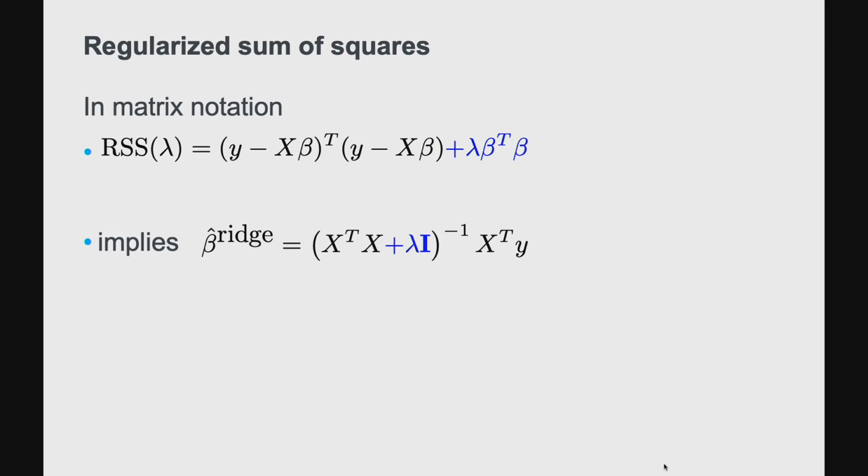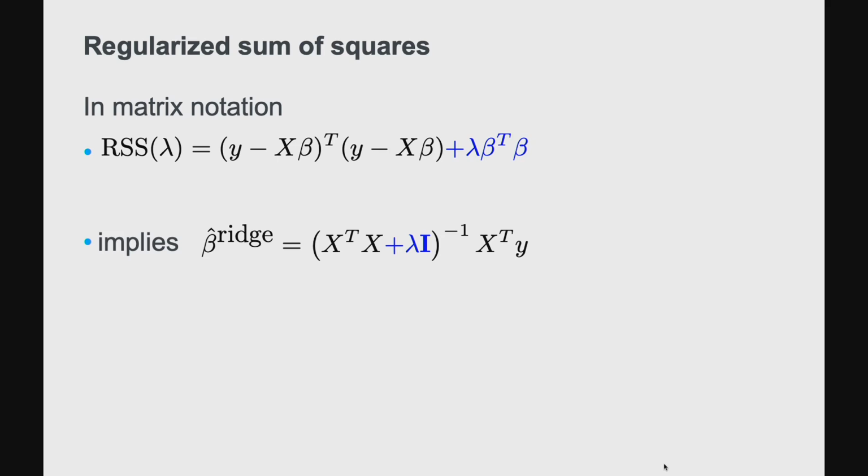And when we took this equation and we resolved it for the optimal beta, or the optimal beta hat, you remember, by deriving it, setting the derivative to 0, resolving for beta hat. That's the same you can do here, only that instead of this black part here, x transposed x to the power minus 1 x transposed y, we also get this additional blue component here as an additional ingredient.